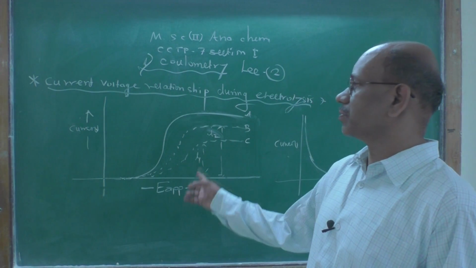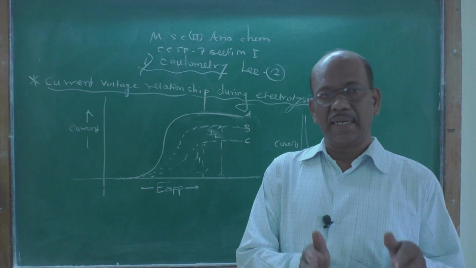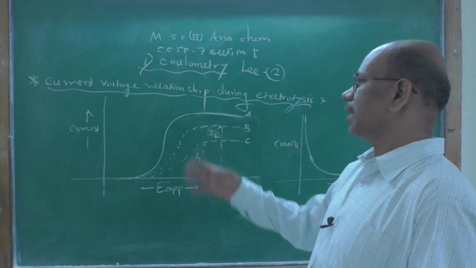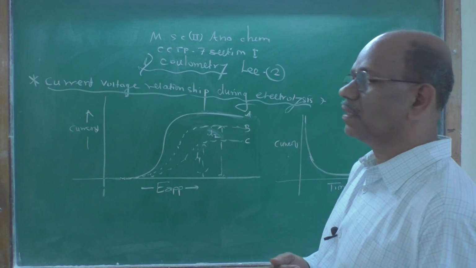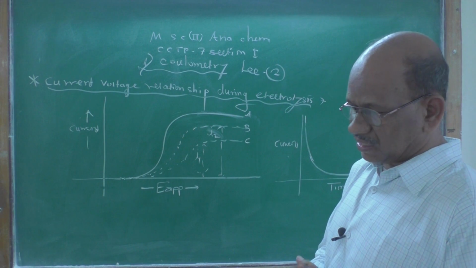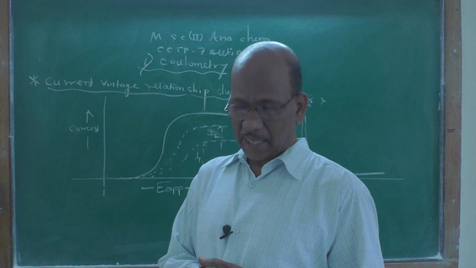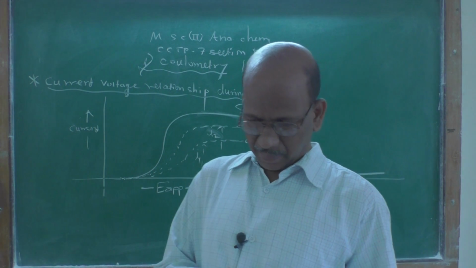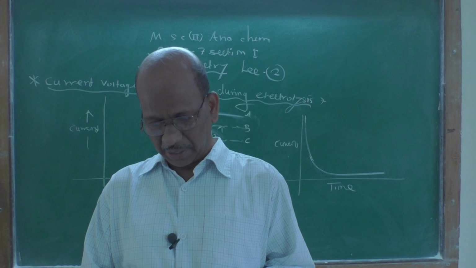So this is my second lecture. In the first lecture I explained Faraday's law in detail, and in the second lecture the current-voltage relationship during electrolysis. In the third lecture I will explain the operating cells used at fixed or constant potential.